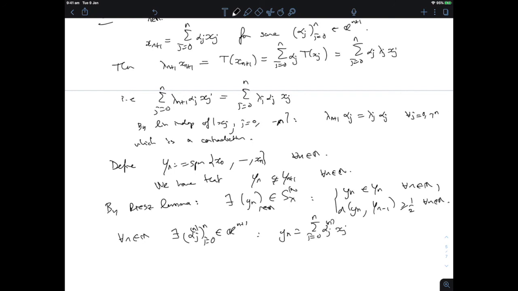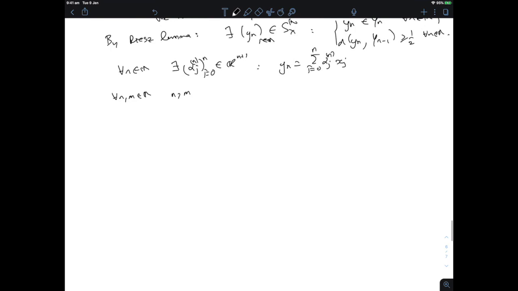to n. And therefore, for every n and m in N, let's say n greater than m, what can I say about T(y_n) minus T(y_m)? It is going to be the sum j equals 0 to n of alpha_j^n lambda_j x_j minus the sum j equals 0 to m of alpha_j^m lambda_j x_j.